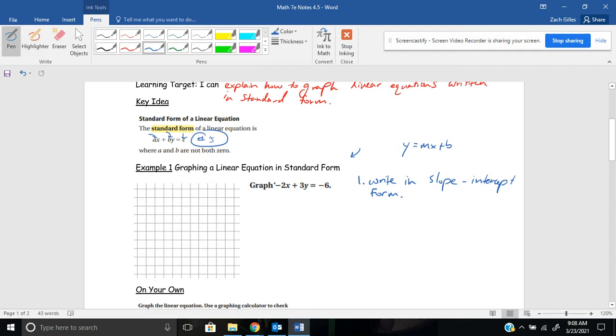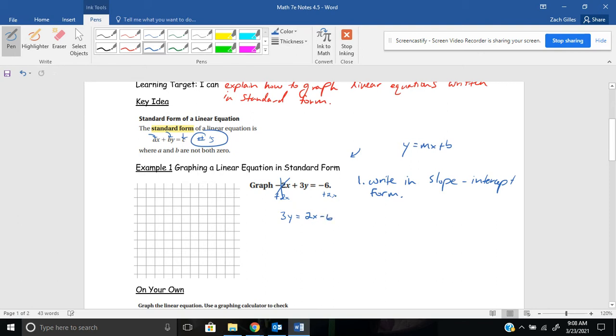So the first thing I need to do is move this negative 2x to the other side. You'll notice x and its coefficient are on the left-hand side of the equation. So I'm going to add 2x to both sides of my equation. Negative 2x plus 2x will cancel out, and I'll be left with 3y equals 2x minus 6.